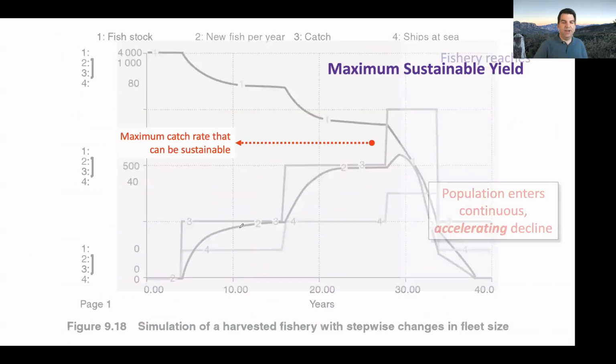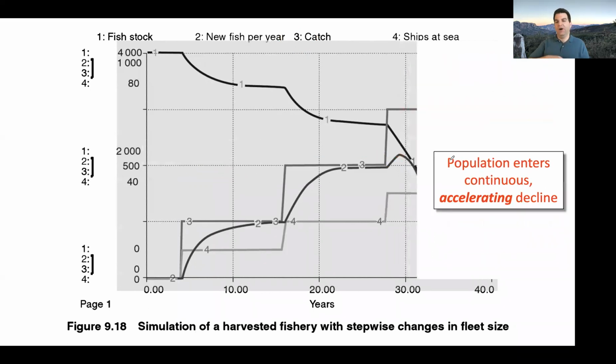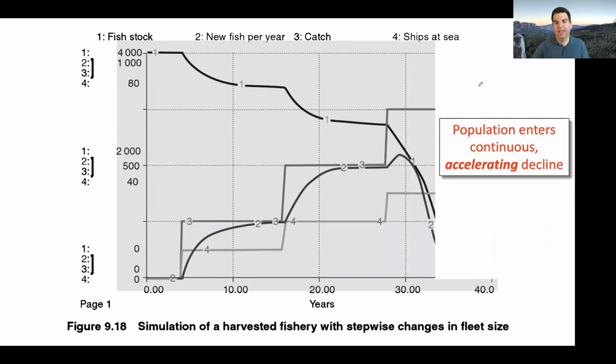And so this diagram, this example that they give in the book, is demonstrating exactly this. If you were to raise the boats beyond the point, so the catch here, that's line 3, if it goes above the maximum regeneration rate, then you are going to hit that tipping point. This is the catch, line 3.